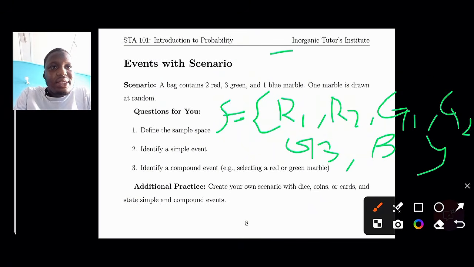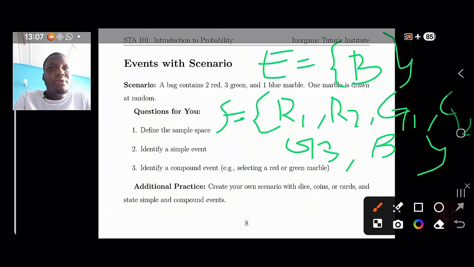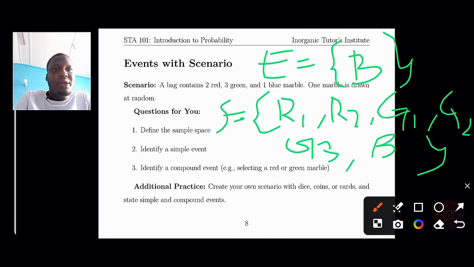In this case, that event will be equal to only B, because it is only by selecting a blue marble that we can get a simple event.